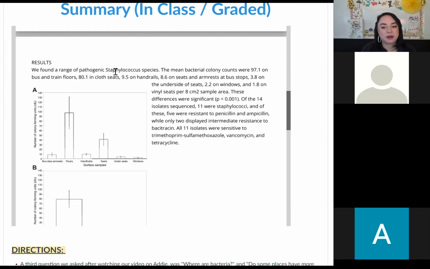So the mean bacterial colony counts were 97.1 on bus and train floors. So mean refers to average, right?